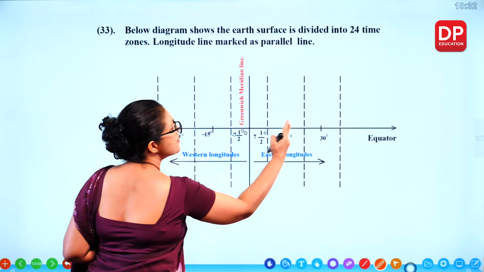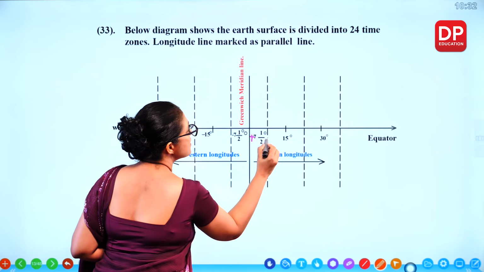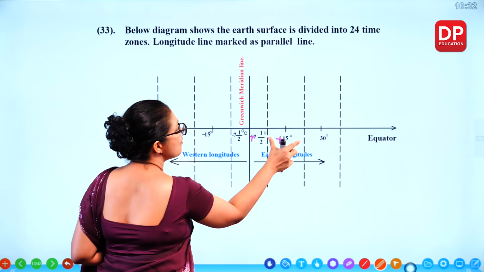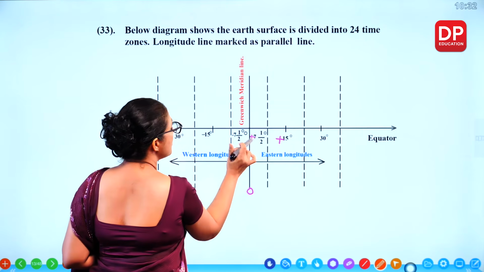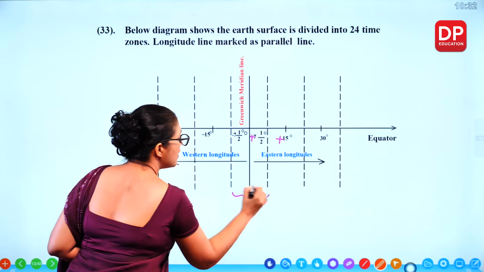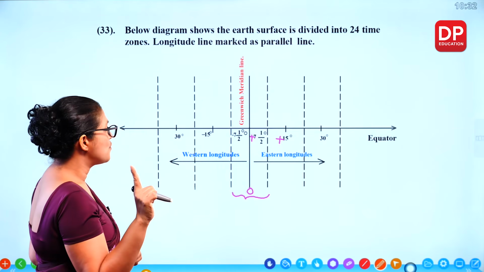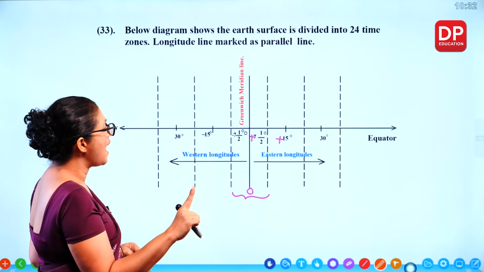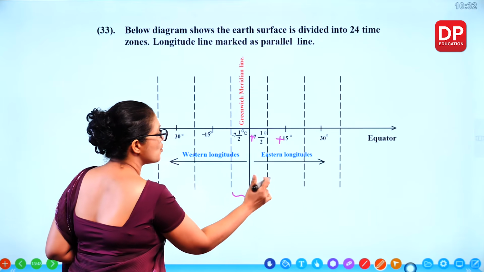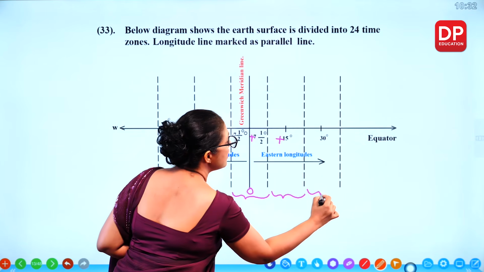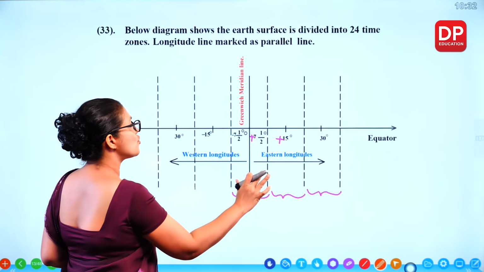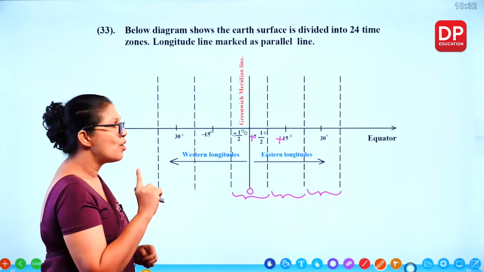And here towards the right side, that's positive: 7.5, 15, 30 like that. So from here to here, that's 1 time zone, a 15 degree angle. This is another time zone, here another time zone. You get 24 time zones.